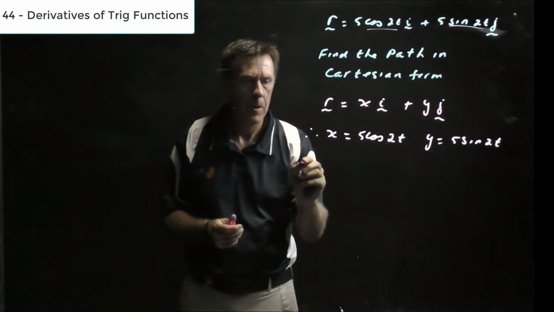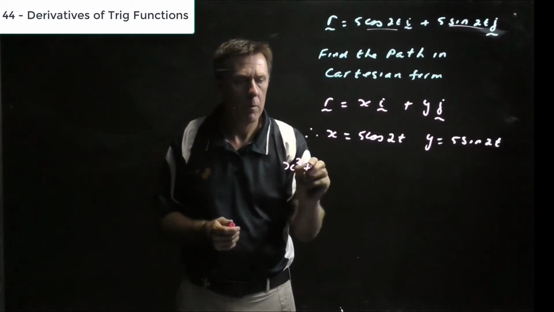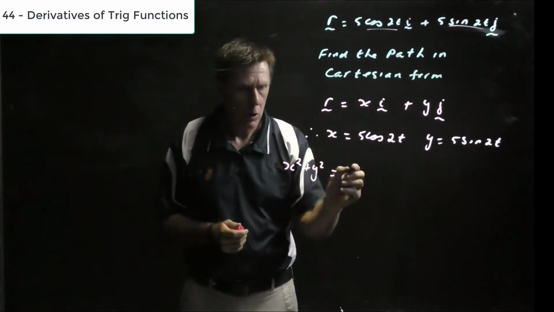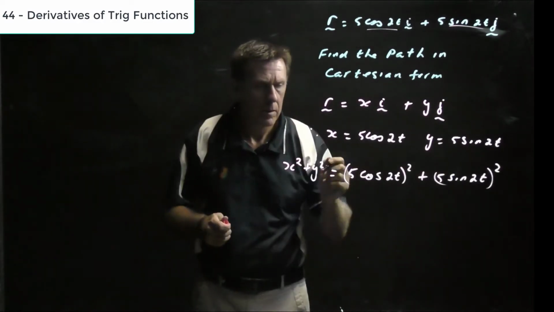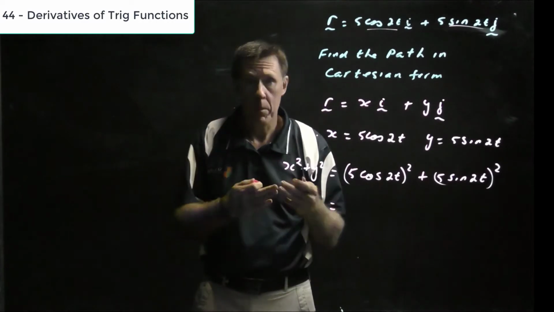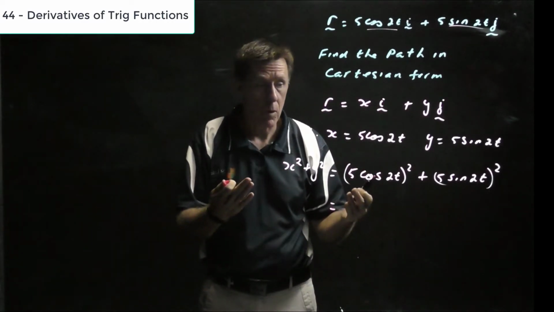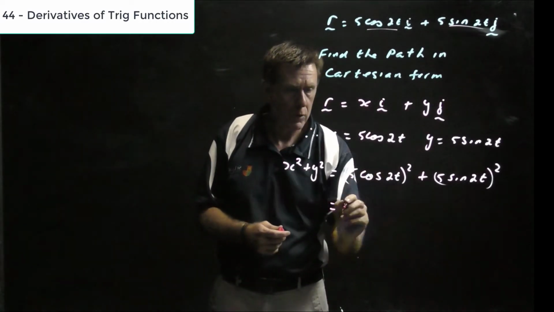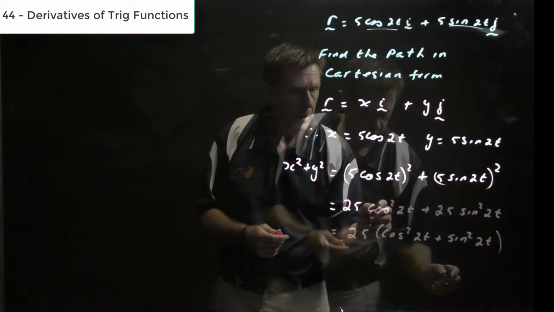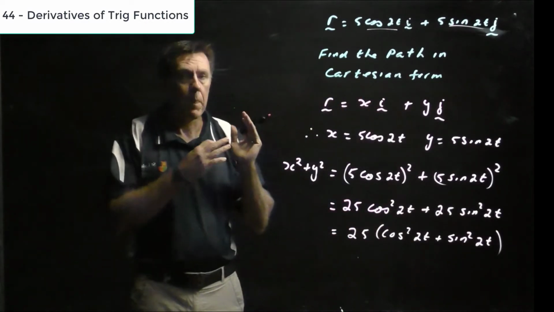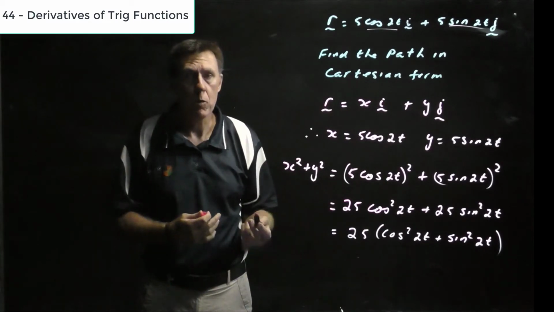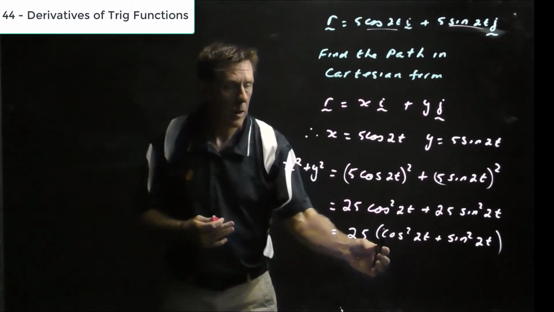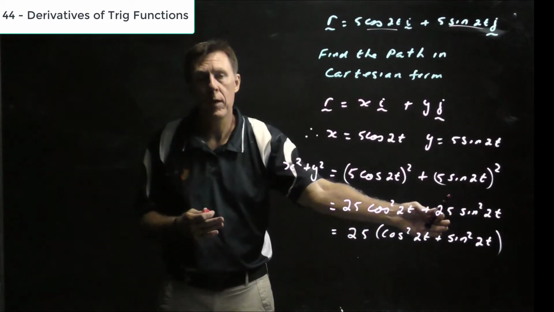If we go x squared plus y squared, now I'm just going to expand that out and begin recombining it. So now 5 squared is 25. Now I've expanded, I've factorised out 25. What I have now, inside the brackets I have cos squared of an angle plus sine squared of an angle.